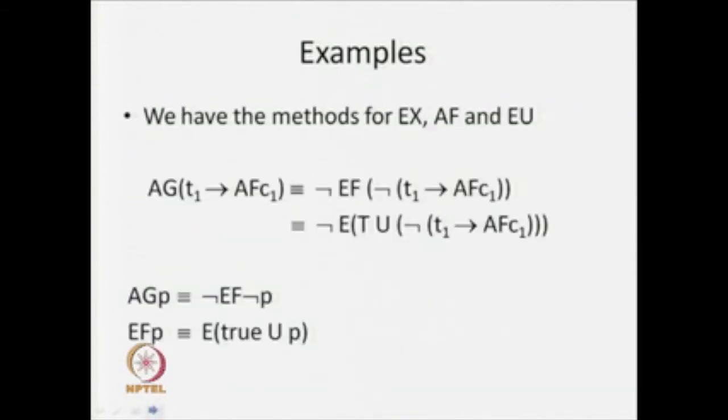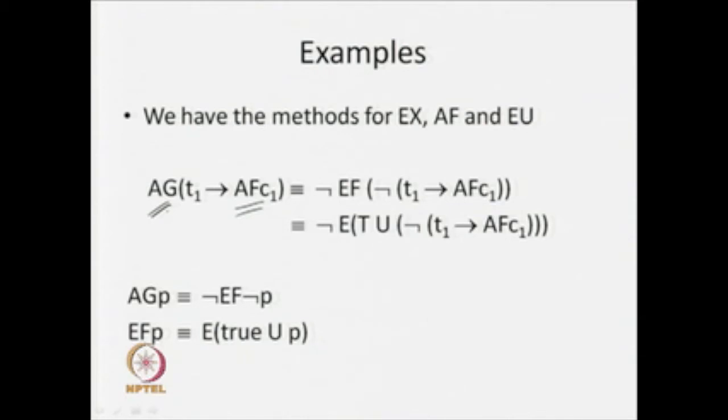Now, again you see that we have methods for EX, AF and EU. So, somehow we have to express this formula in terms of these three formulas. Now, AF we have, so we have a procedure to check for AF C1, but we do not have a method for AG.